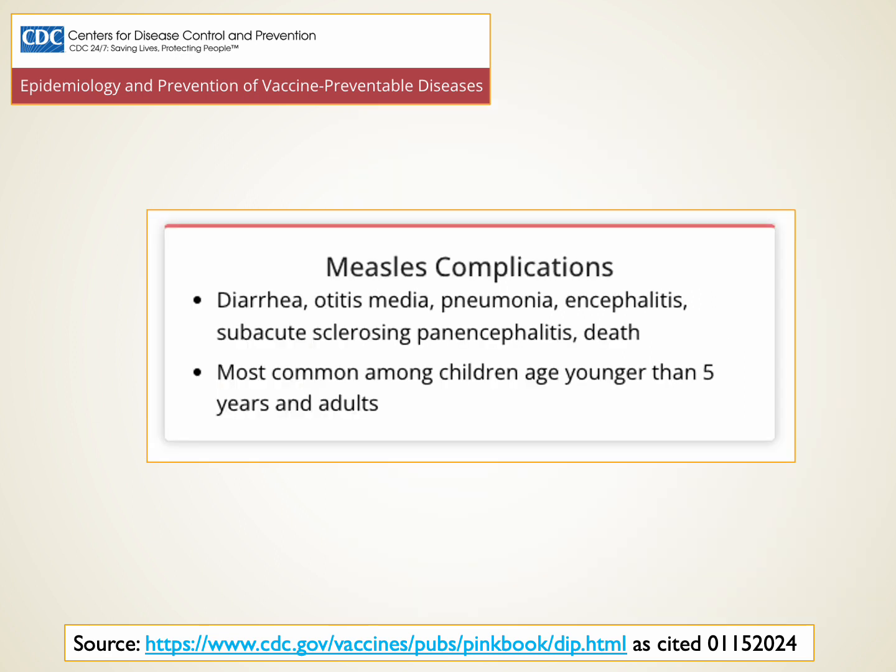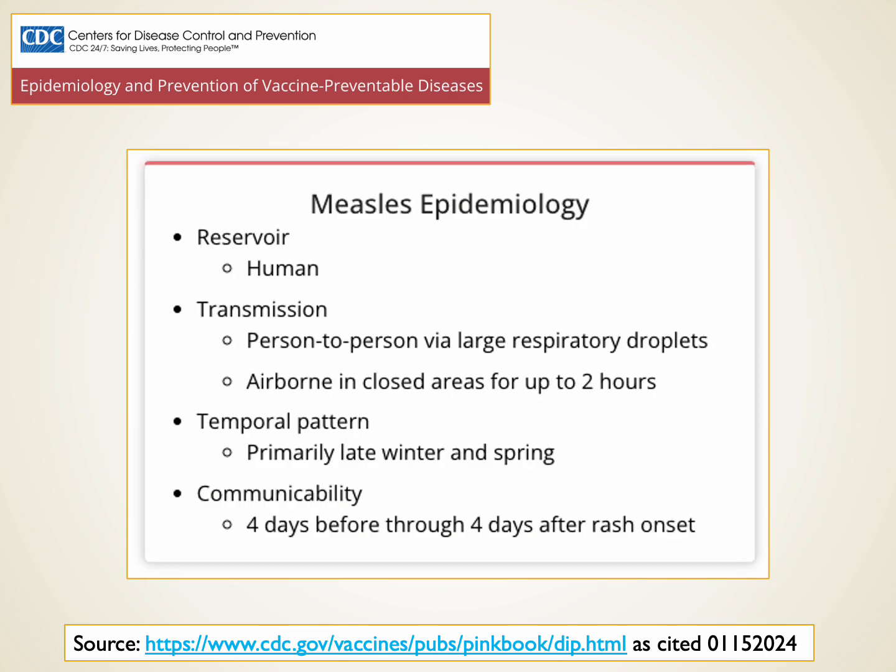Complications of measles, and they can be serious, are diarrhea, otitis media, pneumonias, encephalitis, and panencephalitis, and fatalities. And it is more common in younger children and children below the age of 5 years, but also can be common in adults.